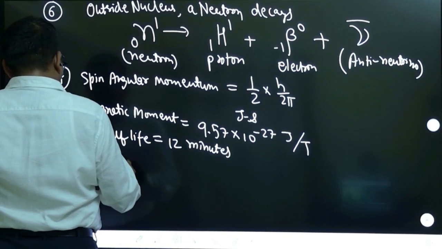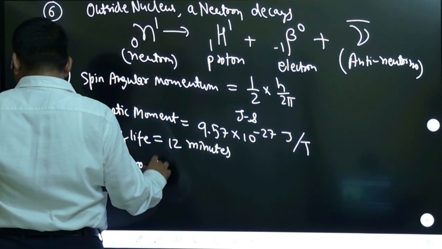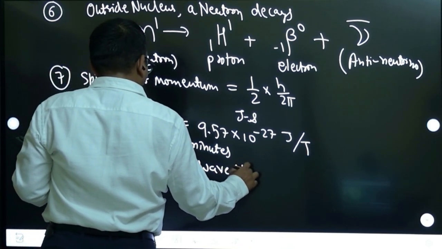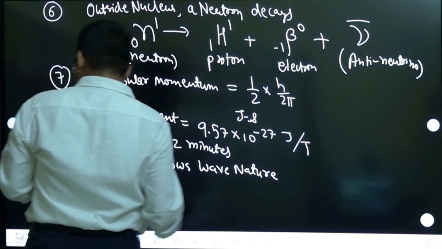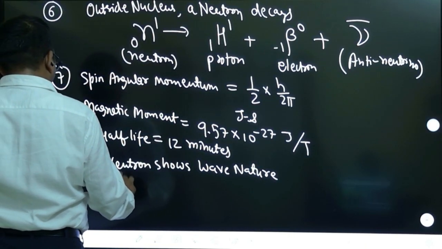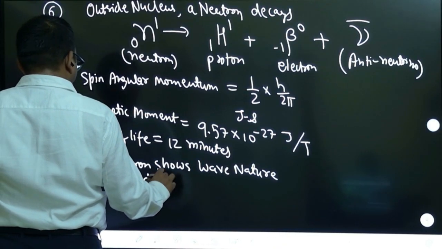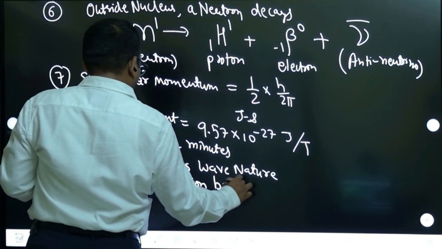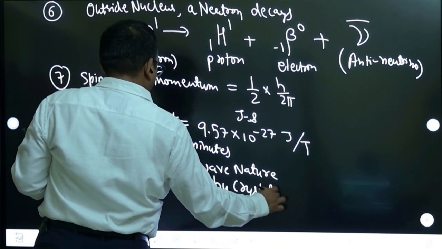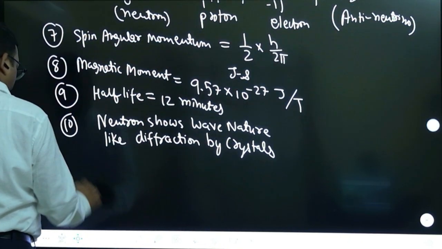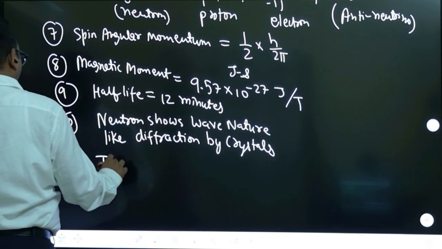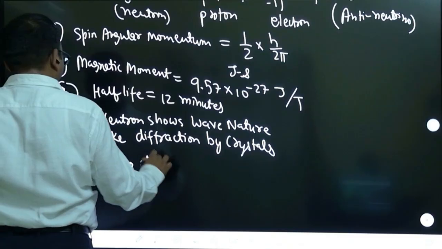Neutron shows wave nature, like diffraction by crystals. And there are two types of neutrons.